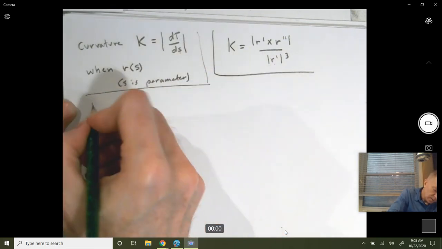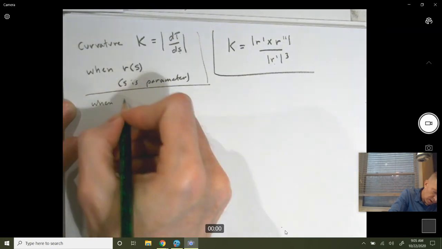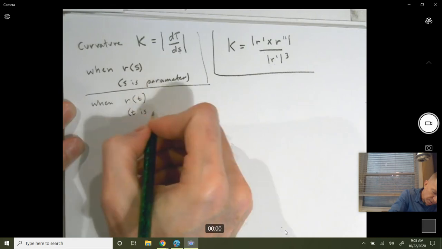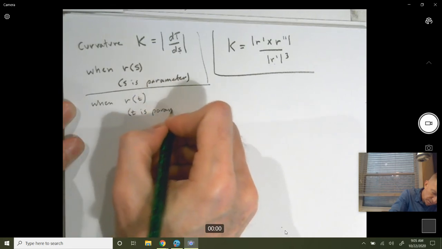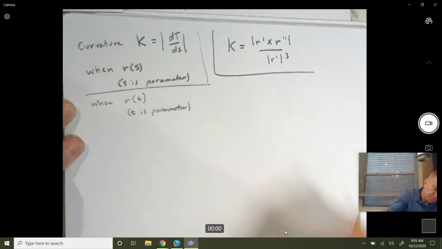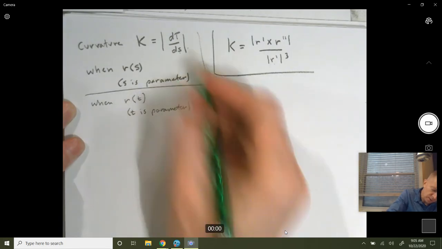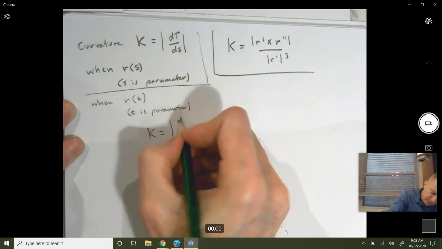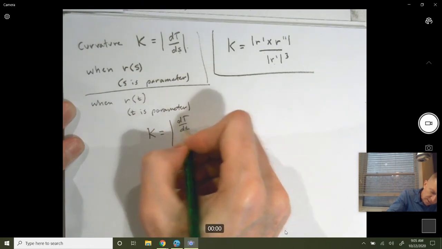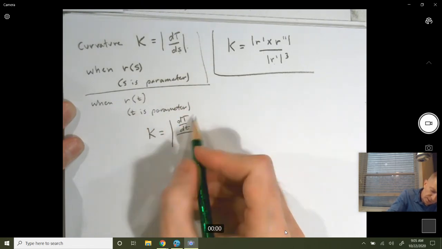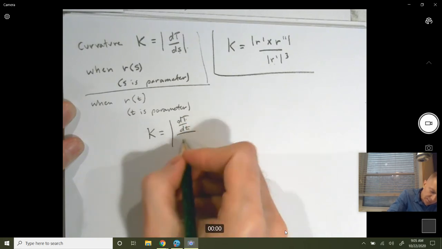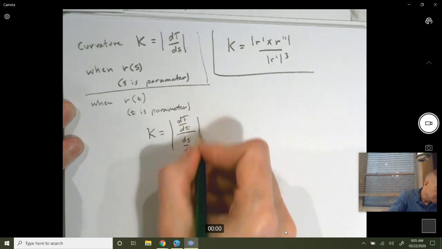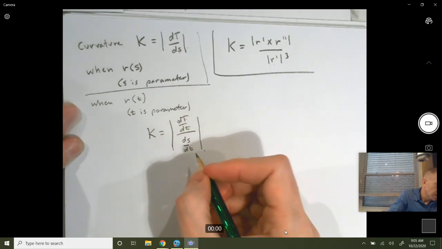But when your curve r is defined as a function of t, where t is the parameter, then we're going to take this and say curvature is equal to dT/dt, the rate of change of your unit tangent vector with respect to t, divided by ds/dt. Okay, and then we're going to go from there.